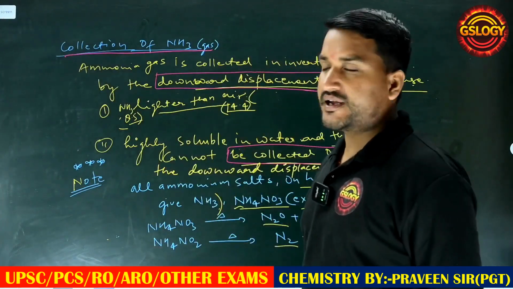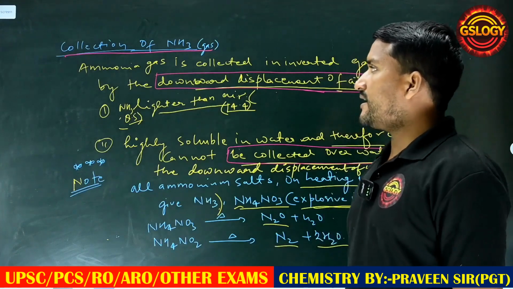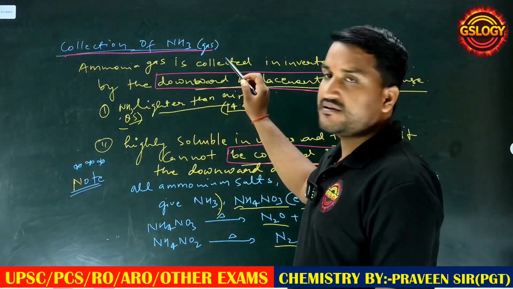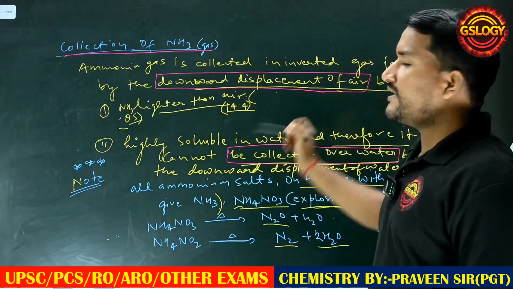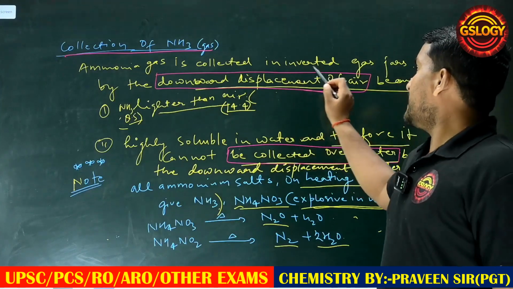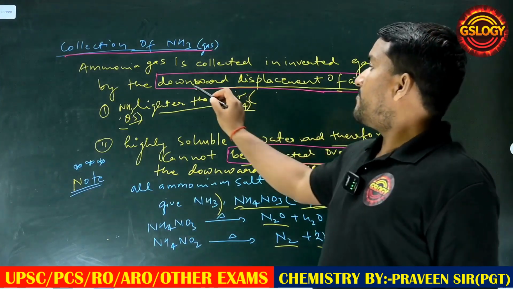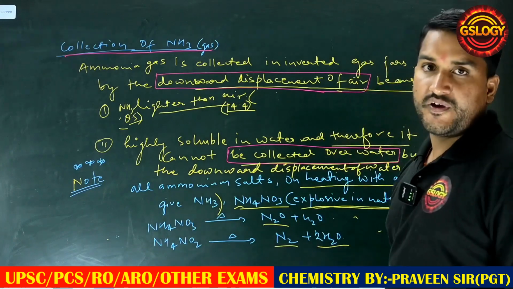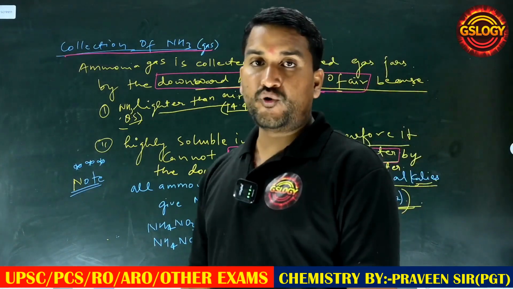Collection of ammonia gas. Ammonia gas is collected in an inverted gas jar by the downward displacement of air. It is a very important point.